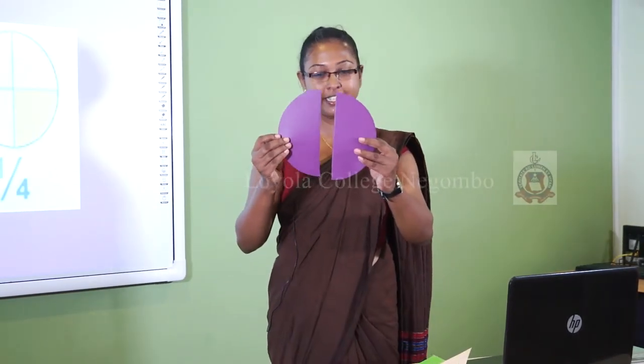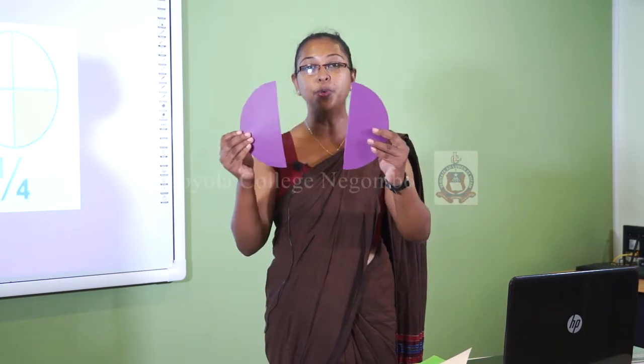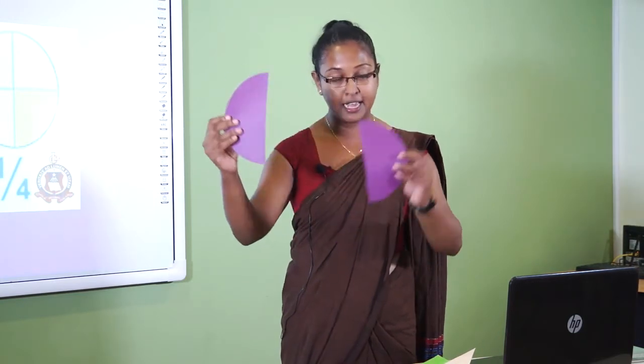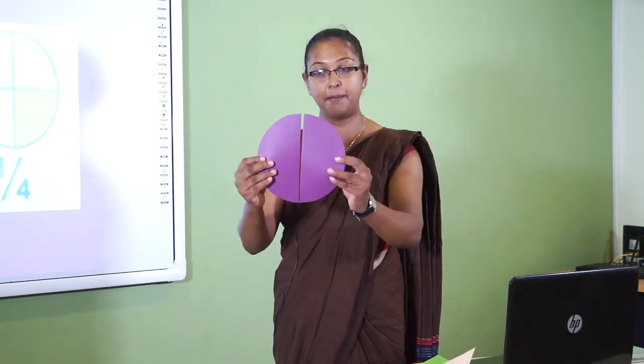Right, here the circle was cut into two equal parts. The two parts are very equal. One is called half. This is the half of the circle. And these two halves again make the whole one. Good. Let's go to some activities on the board now.